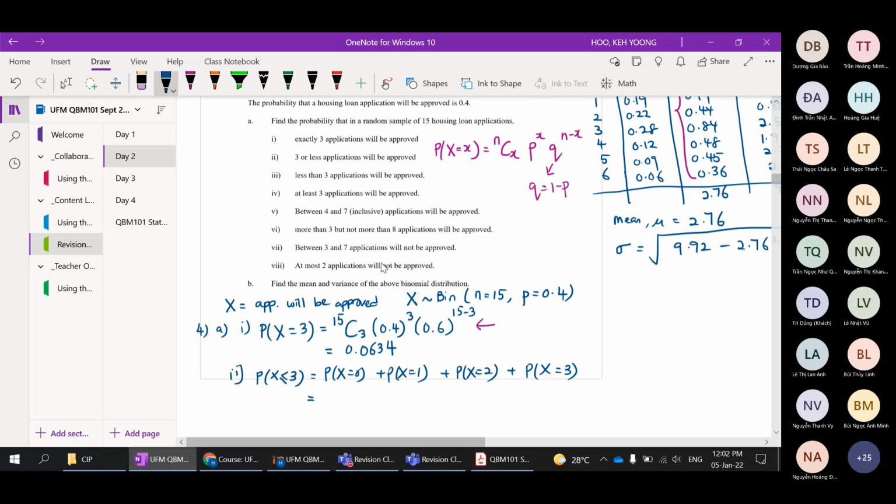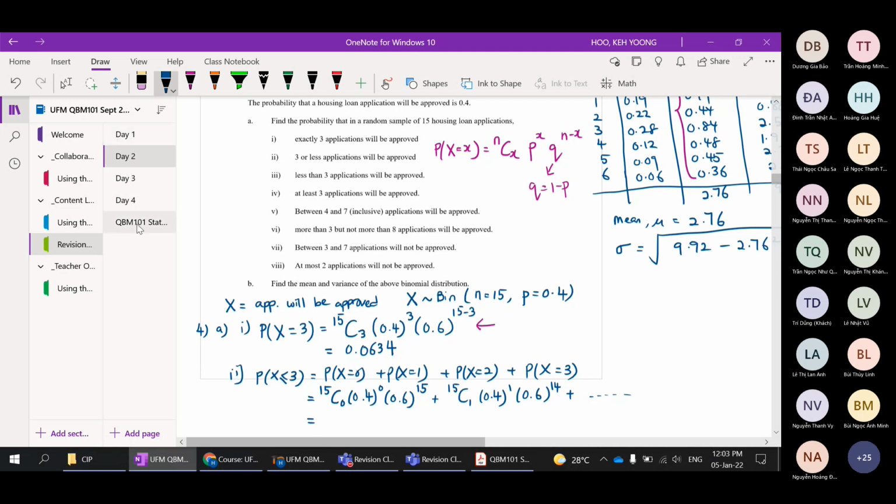If you can refer to the table, then we refer to it. If you can't, then you have to substitute into the formulas. For example, for x equals 0, you have 15C0, 0.4 power 0, 0.6 power 15. This is the probability for x equals 0. Then you plus x equals 1. You have to write out all the probabilities, so you fill in yourself.